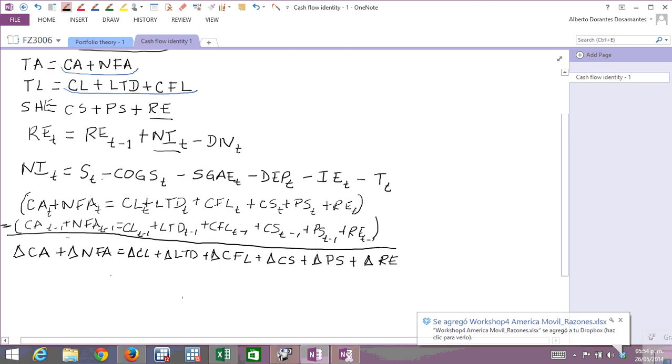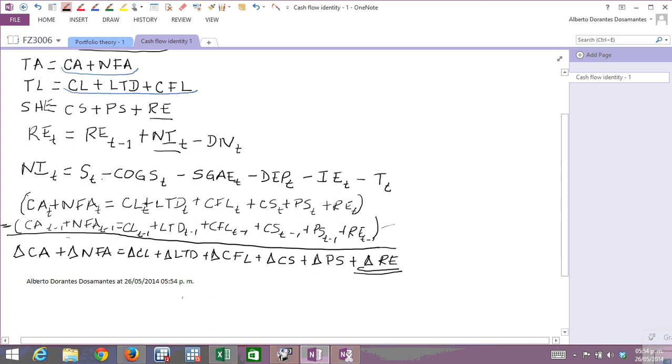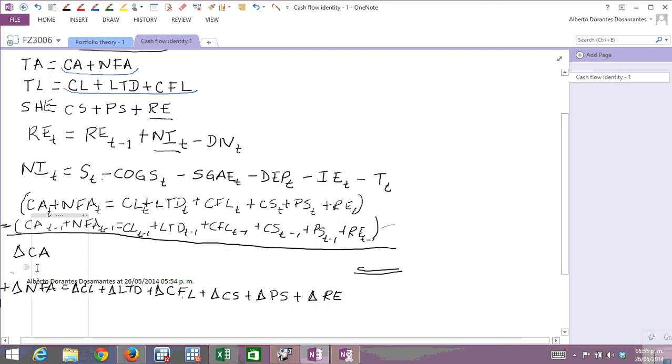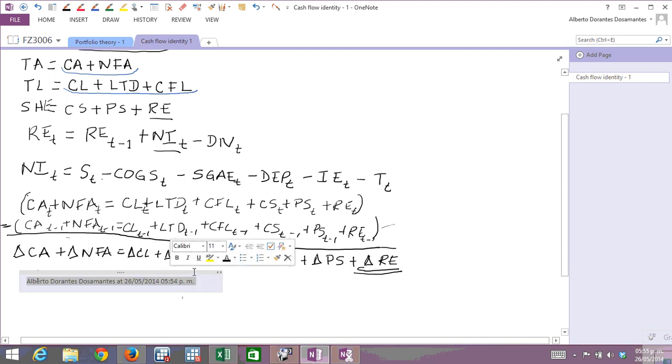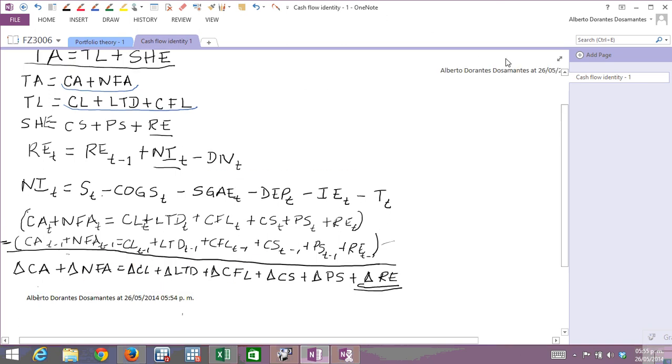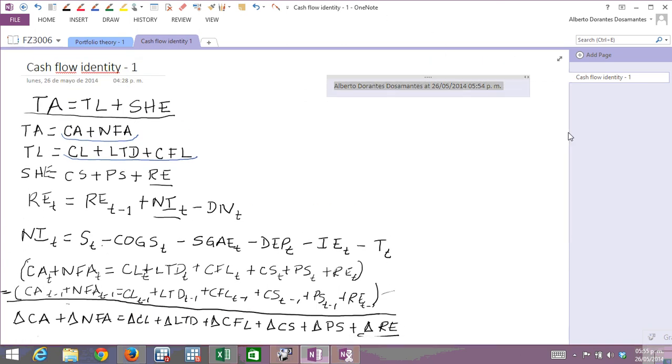Okay, then I'm going to focus a little bit more on this term. What is delta of retained earnings? Sorry. I'm going to move this one up.